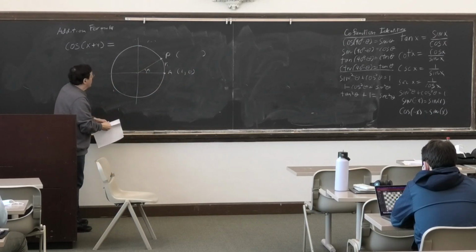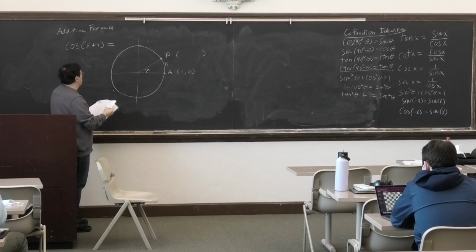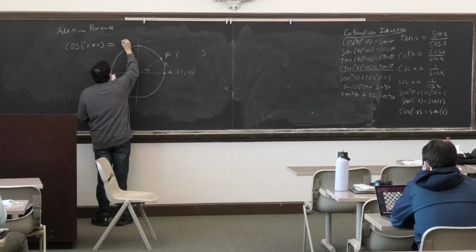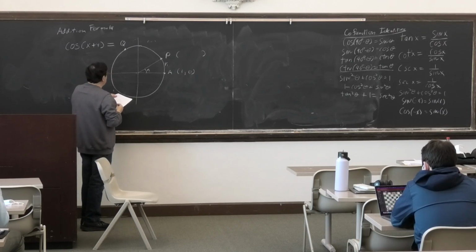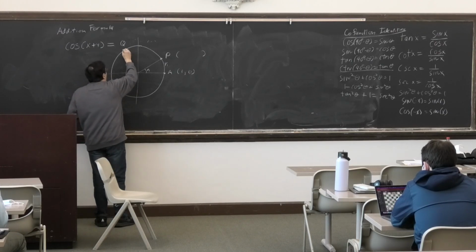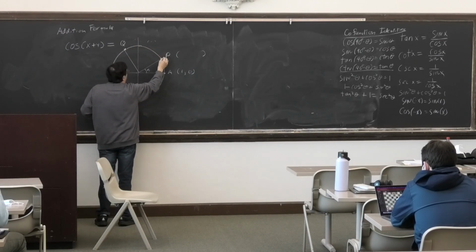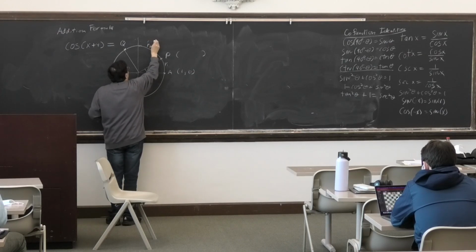Next, we're going to pick an arbitrary point in the second quadrant, which we're going to call Q. And again, we're going to describe the length of the sector from P to Q to be R2, meaning this angle is R2.